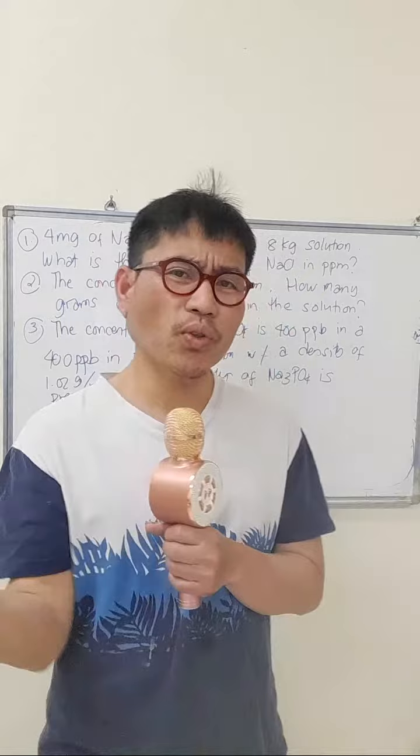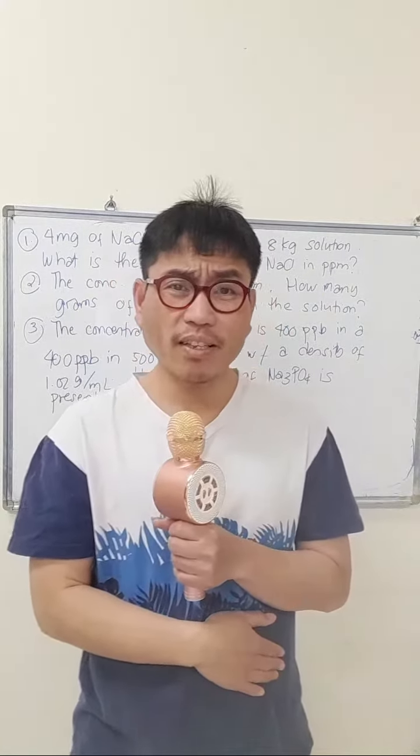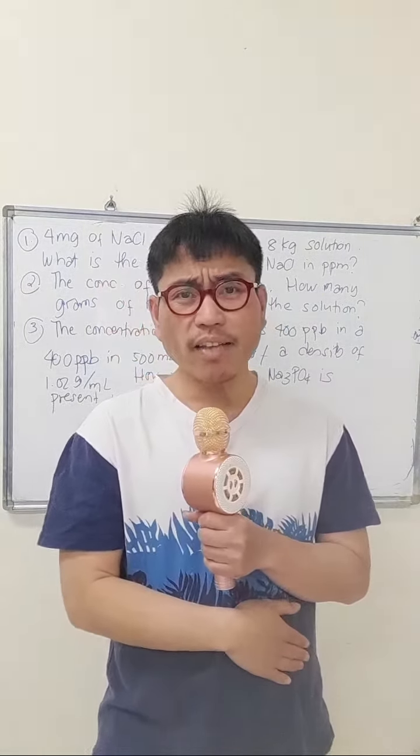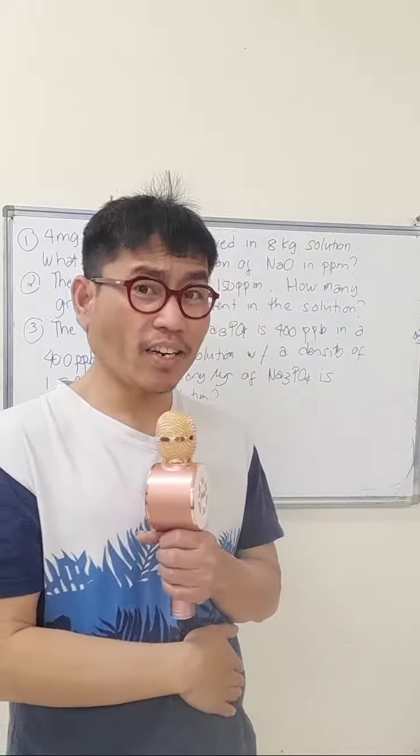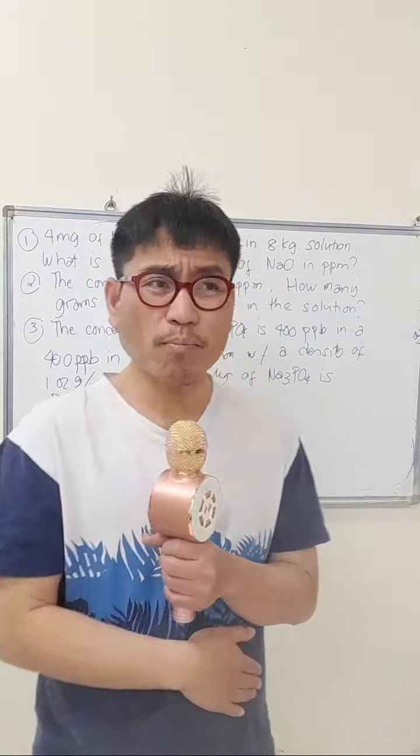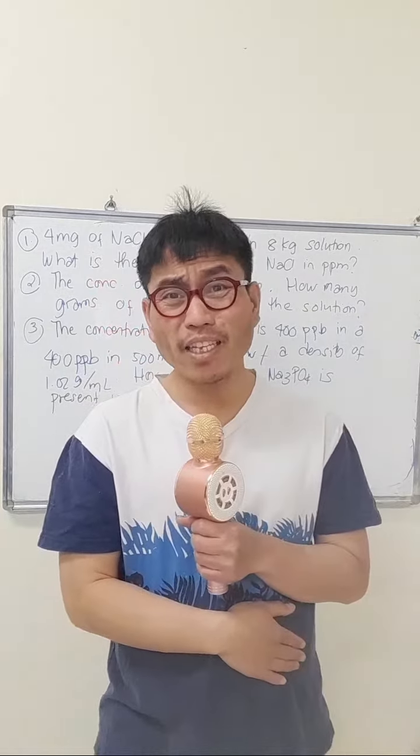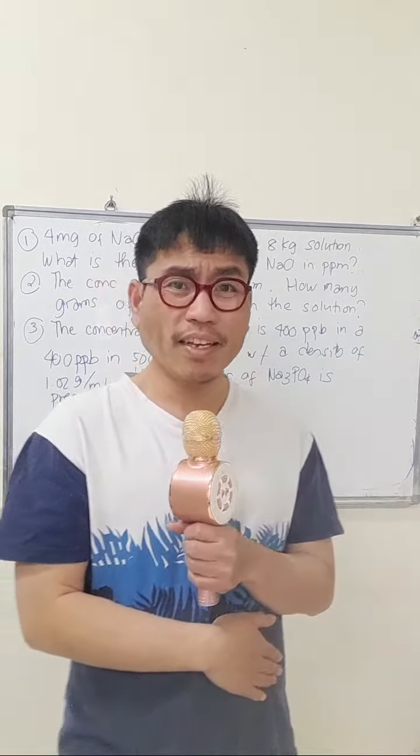Now we go to the negative: 10 to the negative 6 is micro, 10 to the negative 9 is nano, 10 to the negative 12 is pico, 10 to the negative 15 is femto, 10 to the negative 18 is atto.